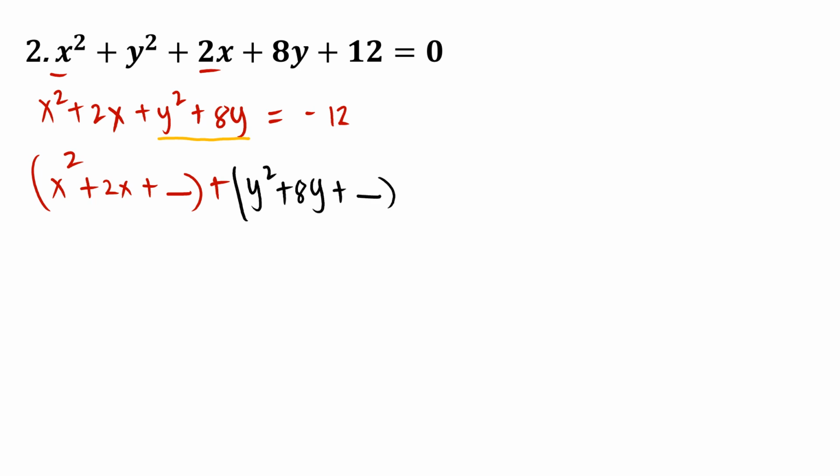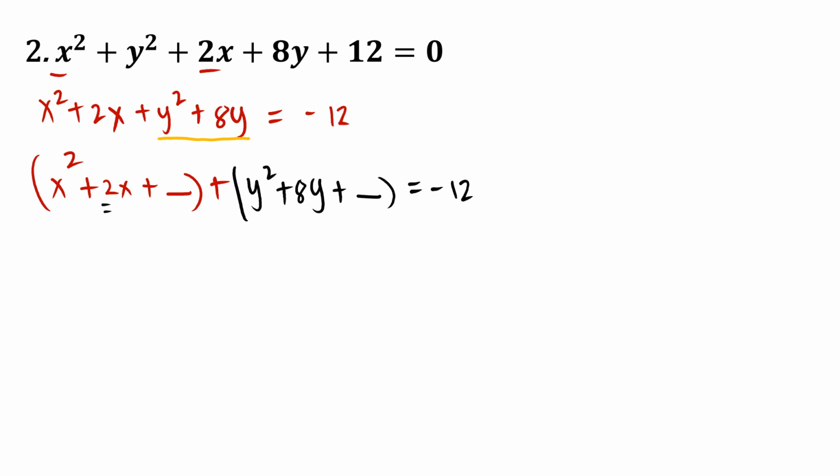We will be completing it later. So this time we will be making them perfect square trinomials, and the process in making them a perfect square trinomial is to always look for the numerical coefficient of the linear term. When we say linear term, it's the variable with exponent 1.